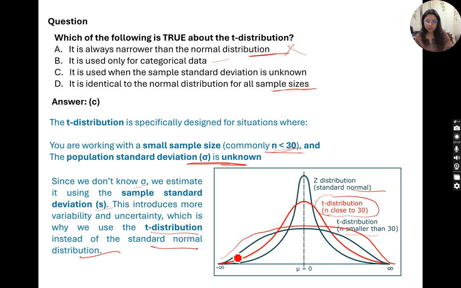So the t distribution curves look like this, and they are a part of statistical data. We can use them with very small sample sizes, values less than 30. These curves are generally wider than the normal distribution curves, and as the n value gets smaller than 30, the curves become wider.